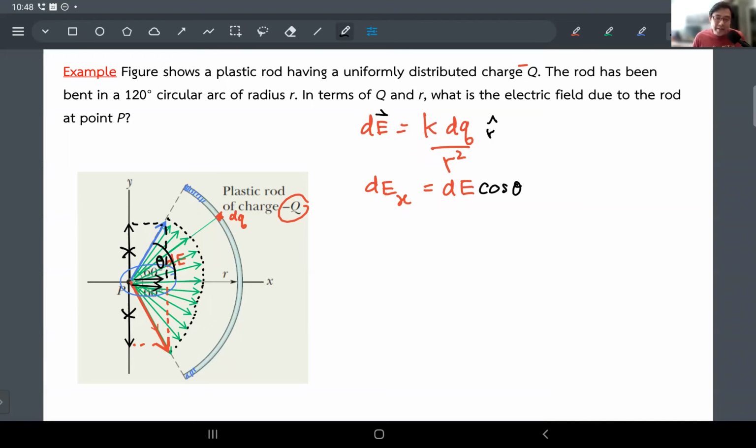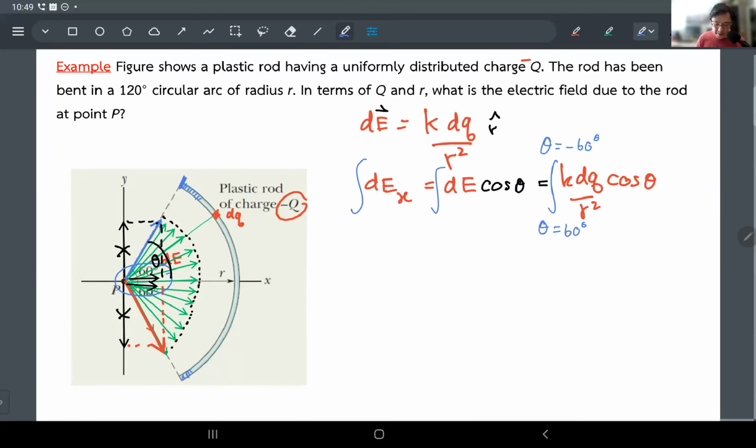Okay, back to our business over here. Now I put dE cosine theta. That's all I need. So I just plug in the value of the dE, which is k dq over r squared, and cosine theta. You want them all, so you want to start integrating this whole thing. Sum them up from the theta at the top, which is at 60 degrees. That's where you're starting the first cut right here. And you go all the way to theta equal to negative 60.